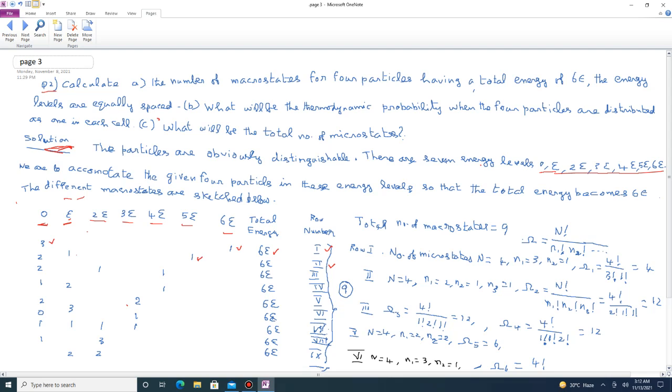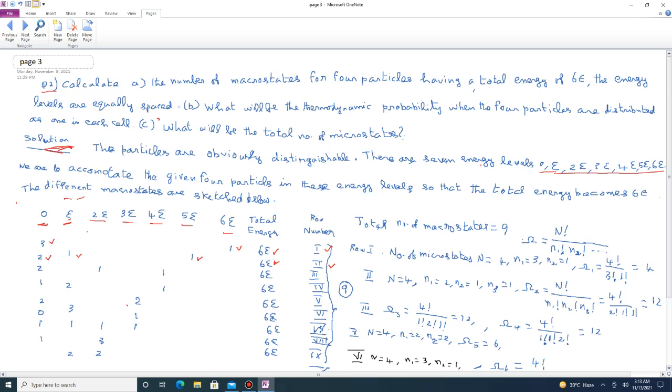So if you add the energy of all the 4 particles, 2 into 0 plus 1 into E, plus 1 into 5E, once you add, you will get 6E. So the total energy of the system is 6E. So this is the second macrostate.